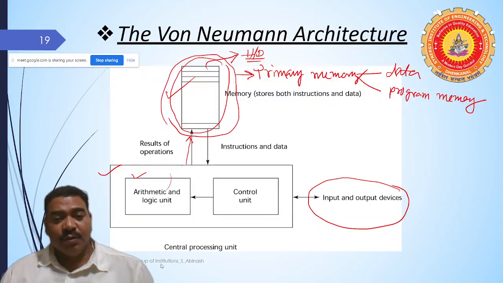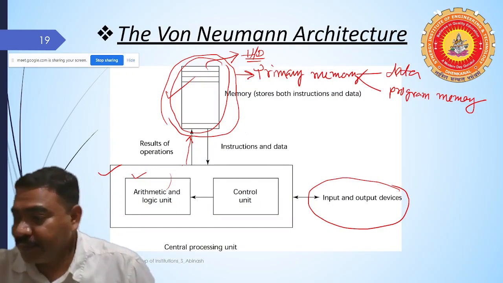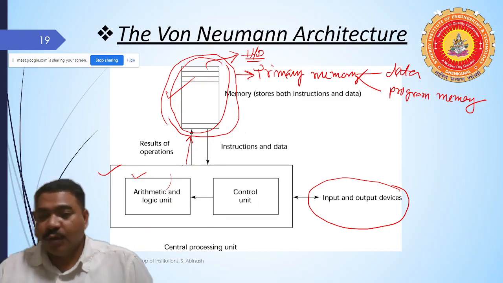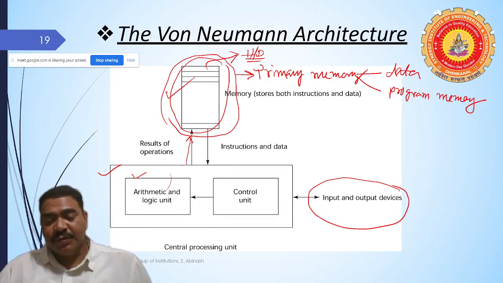So we have understood that the program and data are stored in the primary memory. That is the process of loading. The loader is a program which will load the compiled program, that is the object code, to the primary memory. The program will be stored in the program memory, and the data required by that program will be stored in the data memory portion of the RAM, your primary memory.